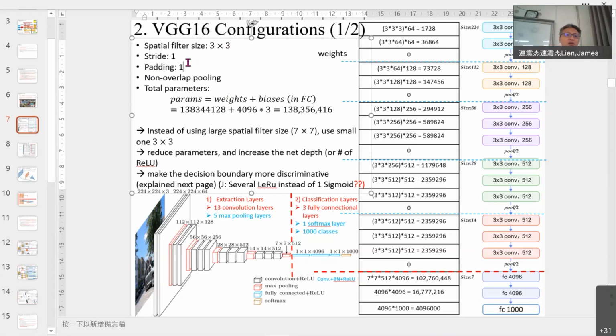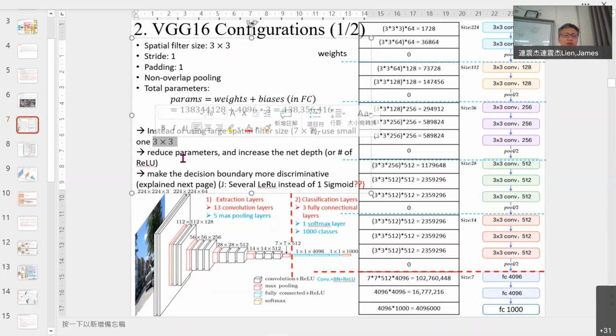Here you should pay attention. If you are not familiar, it's best to build this habit from the start, because these are all the parameters you need to key in to Python. They have a lot of parameters here. And again, their filter size changes from 7 by 7 to 3 by 3.